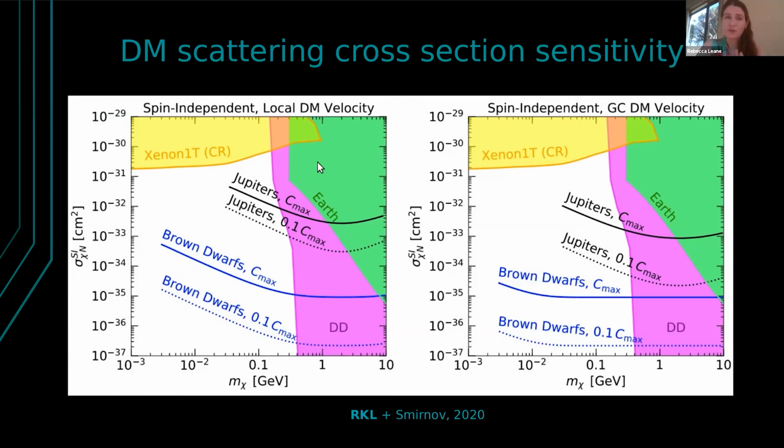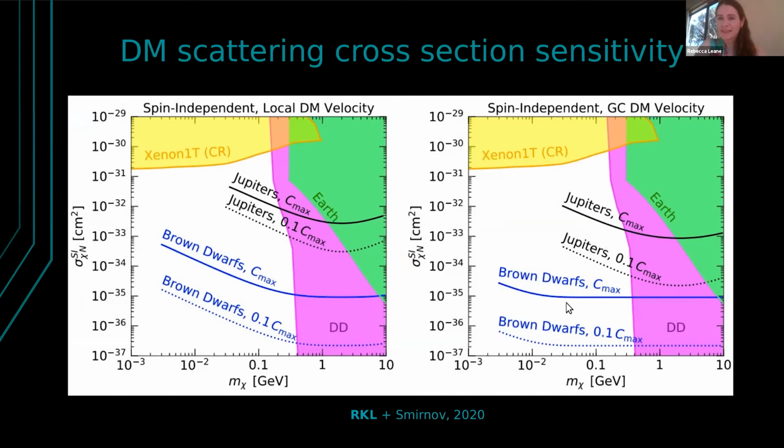But comparing to all these other observations, we see that we can get very strong sensitivity in this sub-GeV mass regime. So if we could really detect, say, this 10% amount of the capture rate, we're looking at about 6 orders of magnitude further down compared to anything else that exists. So this can be very, very good sensitivity, which is great.